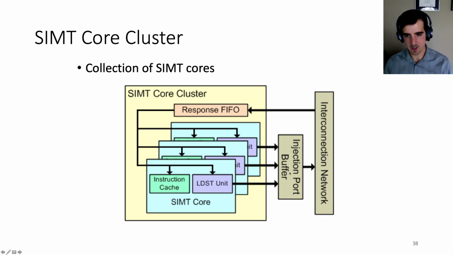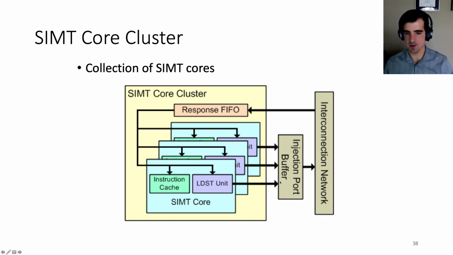So you want to limit the number of ports on this sort of big interconnect that connects all the cores to all the memory partitions. And you can do that by essentially concentrating a set of SIMT cores or a set of SMs to use one particular port in the interconnect. And that's what the simulator does.